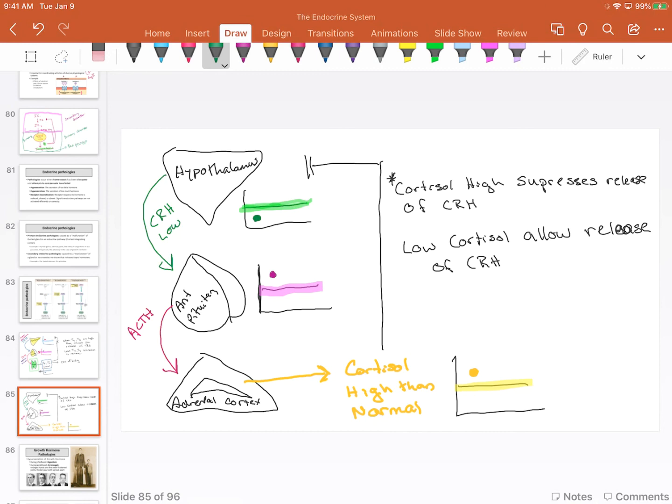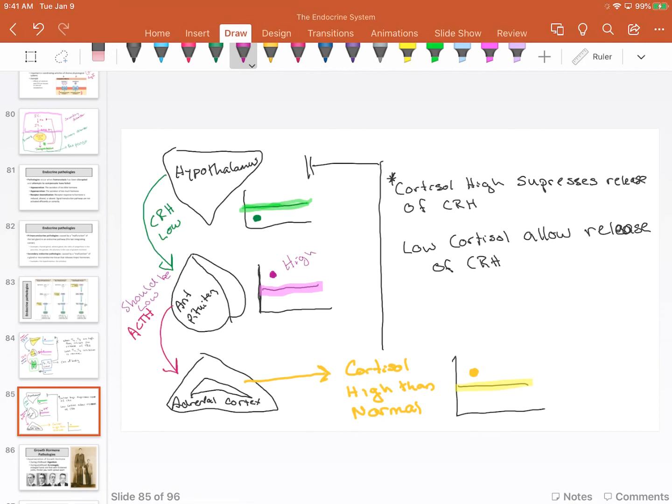Haha. But it's actually high. So here's my anomaly. This is my anomaly. It's high. It should be low. It should be low in response to the low CRH, but it's not.